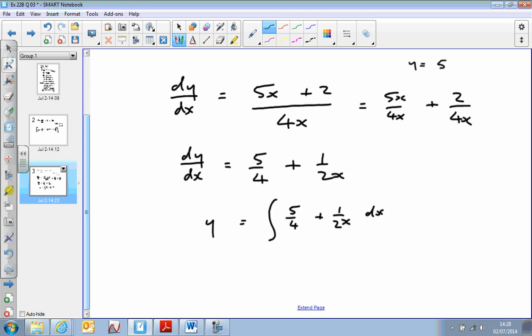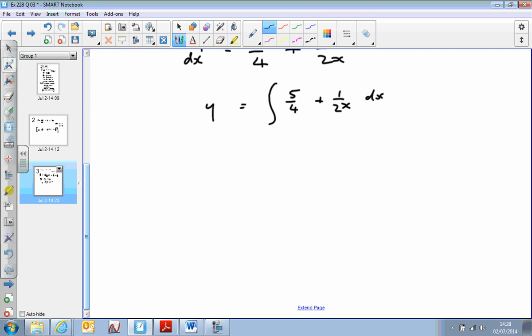So, doing that integral, we get y equals, the 5 over 4, that constant, the variable reappears, and the integral of 1 over 2x is the same as the integral of 1 over 2 times 1 over x, splitting them up.